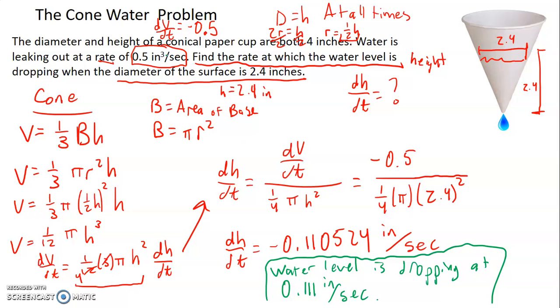Somewhere in the problem, you need to specify that you know that it's dropping or it's becoming negative. So either the word dropping and then leaving your answer as positive, or having a negative. There's a lot of different ways. Honestly, the AP exam probably would not create a situation where you would get it wrong if you didn't put that in, but it's good to always be thinking about attention to detail and what is actually going on in the problem.